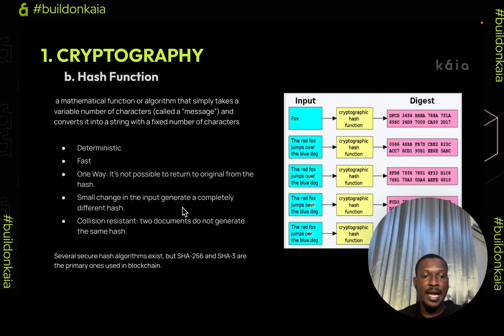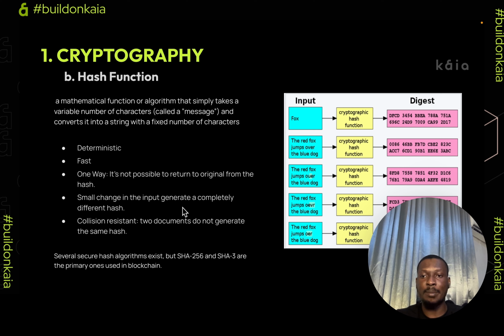Moving forward, we have hash functions. Hash functions are a mathematical function or algorithm that takes in an input and gives out an output, usually a fixed length of numbers or a fixed number of characters. So a hash function is deterministic, meaning when you input a large size of input, you are expecting a fixed number of characters.